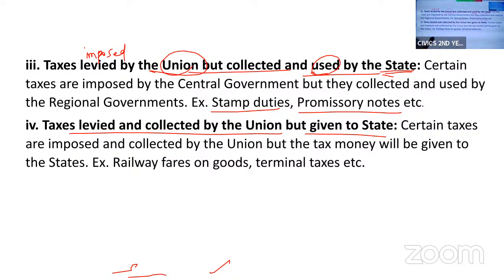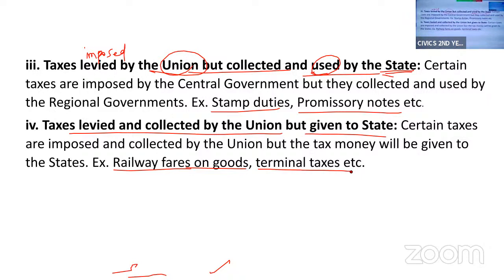For example, railway fares on goods and terminal taxes. At toll gates, we pay tax, right? Toll tax. That is collected by the union government, but it is given to the state government. It is imposed and collected by the union government, and it is returned to the state government.